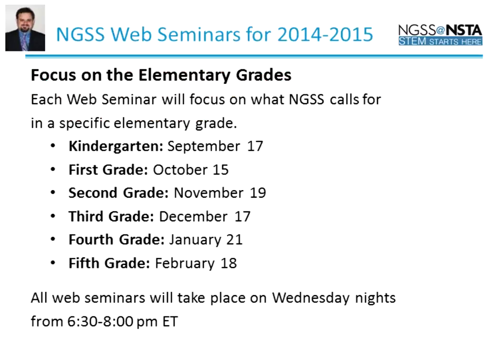So links. And this fall, we've got a huge number of resources coming together. A number of web seminars on the elementary grades taking place once a month starting September 17th. These are Wednesdays, 6:30 to 8:30 p.m. Eastern Time, and we're looking forward to that.